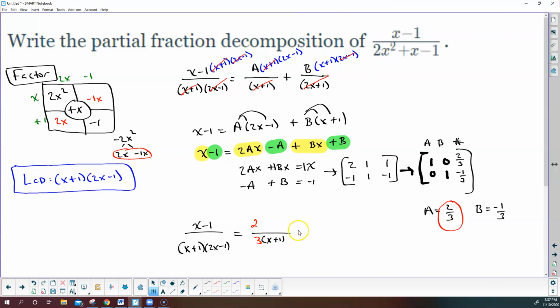So you don't have to go through and show why that works, but you can just write it like that. Now look at B. Well, B is going to be over 2x minus 1, but B is negative 1/3. Now here's what I might do. I'm going to put a 1 here, and I'm going to erase the positive and make it a subtraction. So that's where the negative 1 comes from. 3 is going to go in front, and then we're just going to put the factor 2x minus 1 right next to it. And we're done. All right. Enjoy.